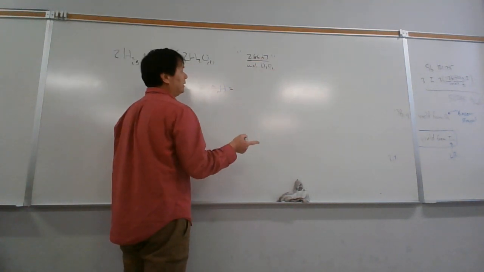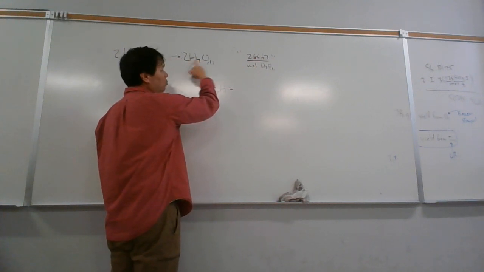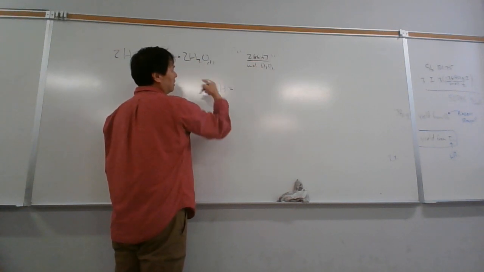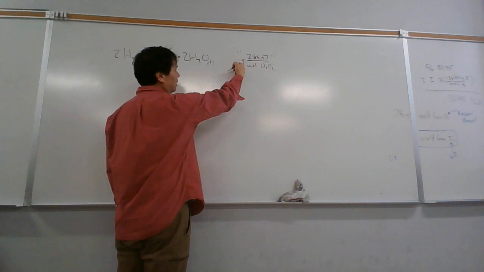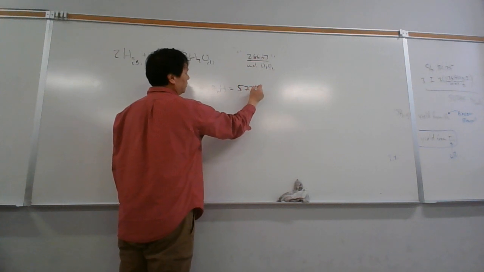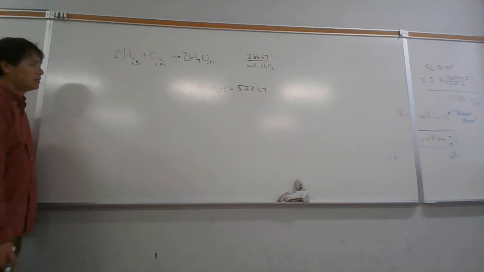I need to double that because I'm forming not 1 mole of water, I'm forming 2 moles of water. And so that's going to equal 2 times that, which is what? 572 kilojoules.